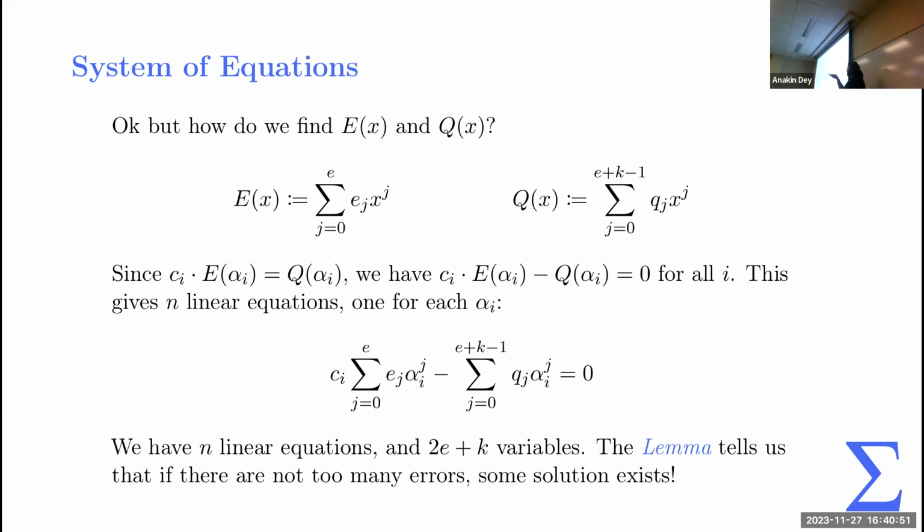And that previous lemma tells us that if there aren't too many errors, then some solution must exist. So we can simply solve this system of equations. If a solution exists, we're done. We found our E and Q. And if a solution doesn't exist, then it's impossible to decode. There have been too many errors. Make sense?